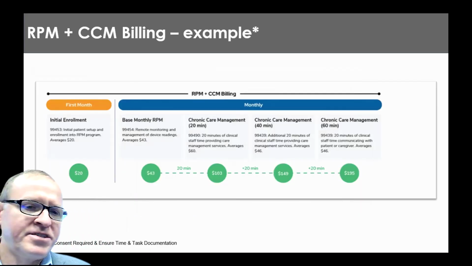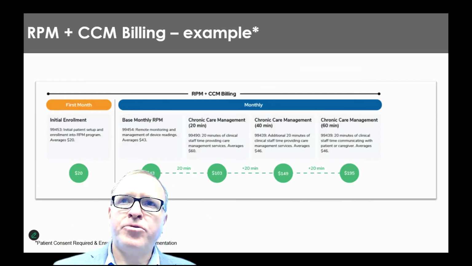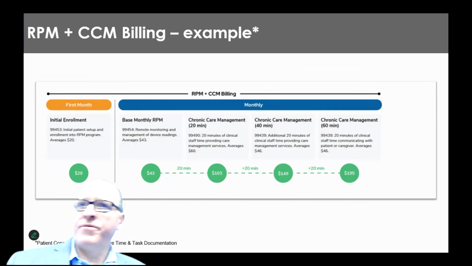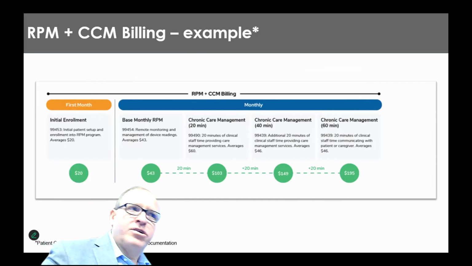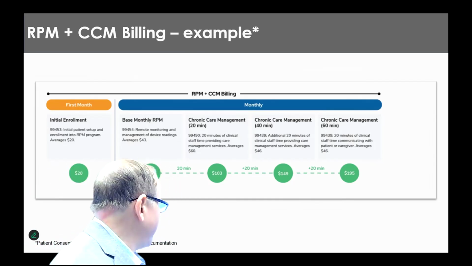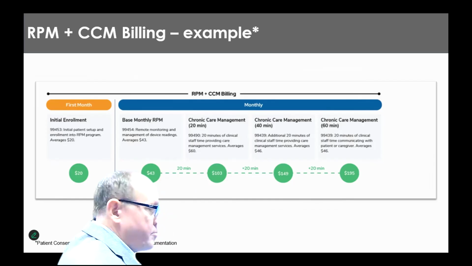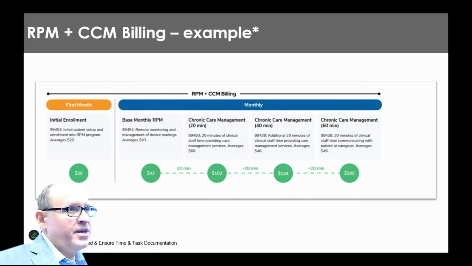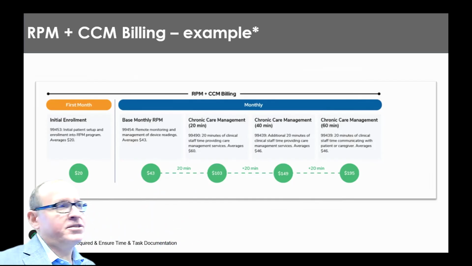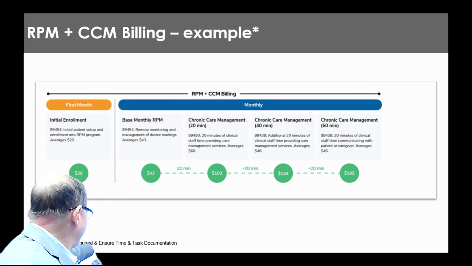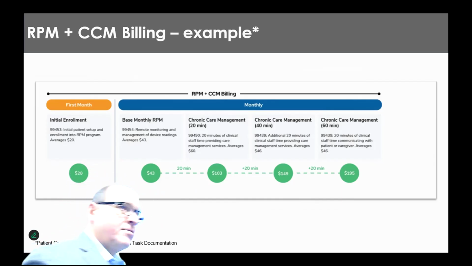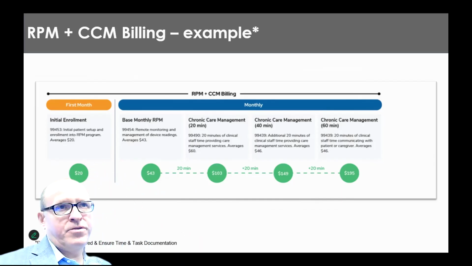So this is showing you an example of combining RPM with CCM. So maybe you've got an OSA patient who also has really severe hypertension, right? So they qualify. So you bill the initial enrollment, you bill for the data, because again, with RPM you're billing for device transmission and that $43 base fee every month, and it has to transmit greater than 50% a day.